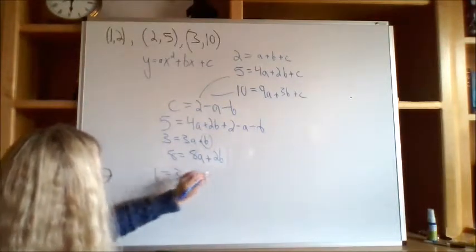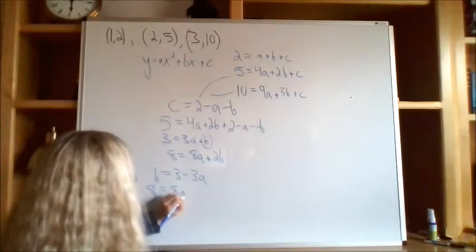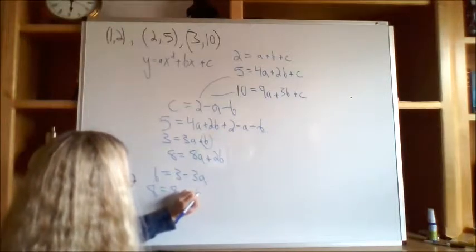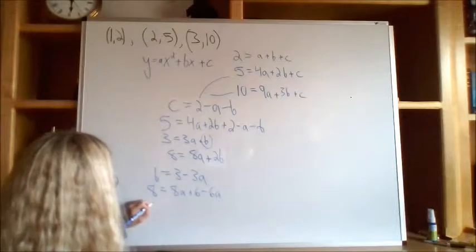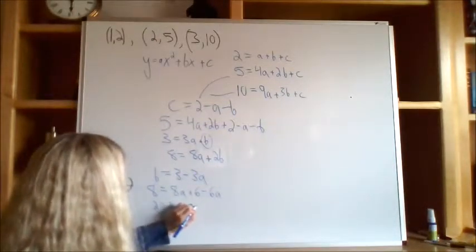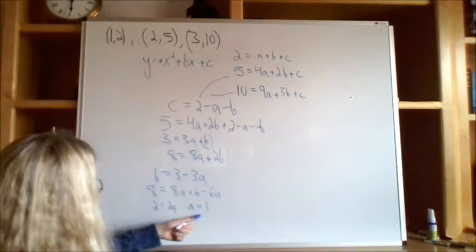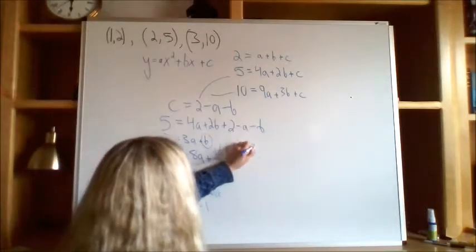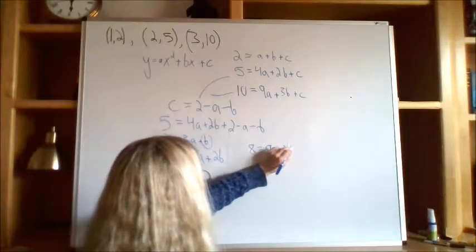And then we plug in b here. 8 equals 8a plus 2 times this. So 6 minus 6a, which simplifies to 2 equals 2a. So a equals 1. Next, we can solve for b here, and we get 8 equals 8 plus 2b.